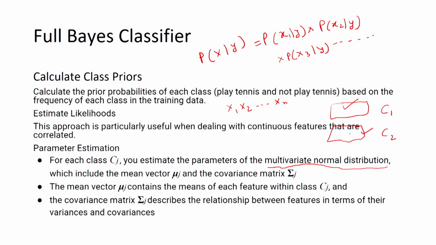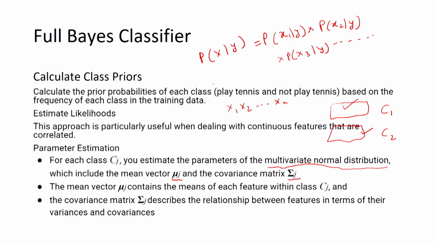So the number of classes you have, that many multivariate normal distributions you will have, and for all those distributions you will have the corresponding mean and covariance matrix.